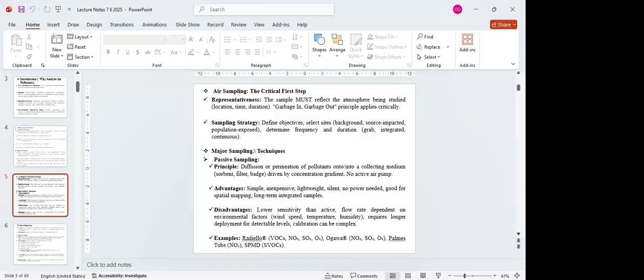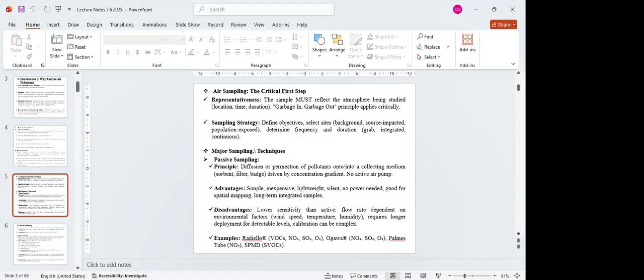So it's like a garbage in, garbage out principle. What you give is what you take out of it. I can go to the same sample site at a different time and generate different data from that particular sample. So we only compare this based on location, time, and duration.